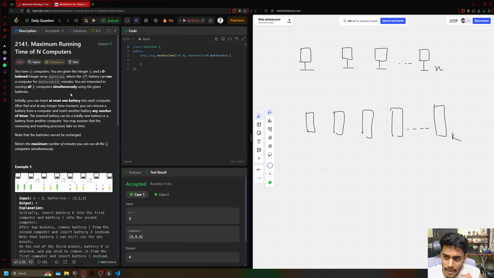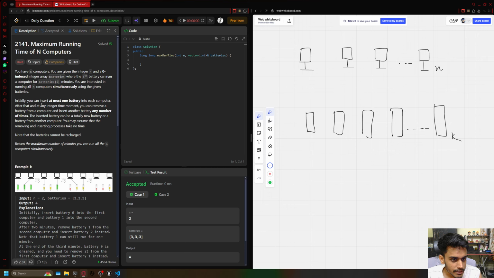What we need to make sure of is that these computers draw some power, and when they are drawing power, we have those batteries as our power backups. All of these systems are connected, so we can connect any one of these batteries to any of these computers. Now there are some conditions over those batteries.